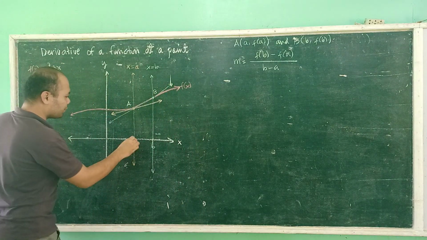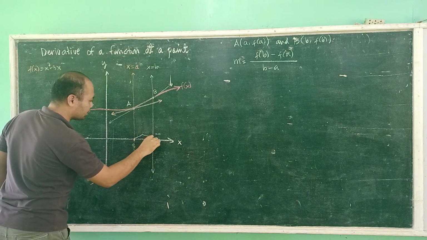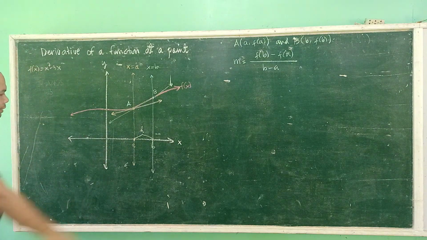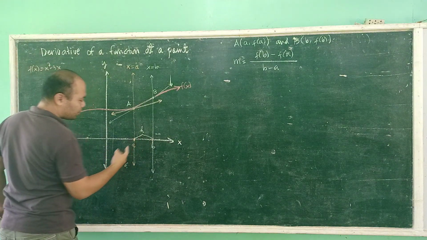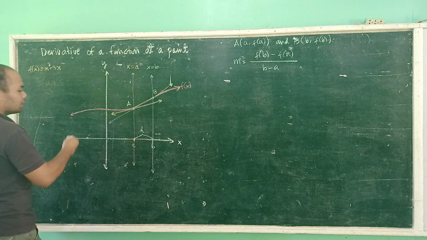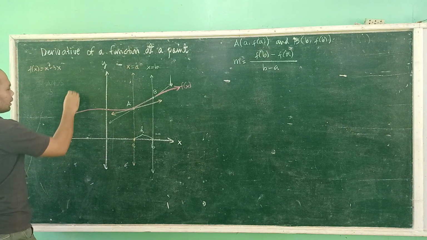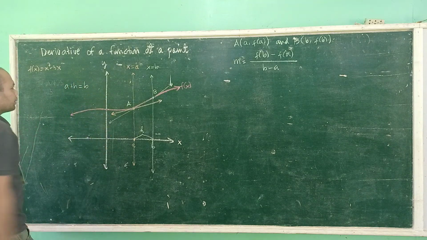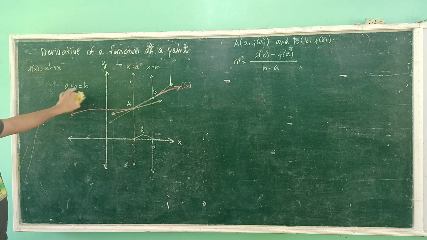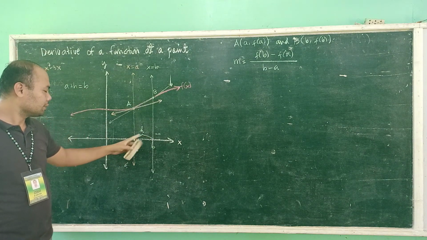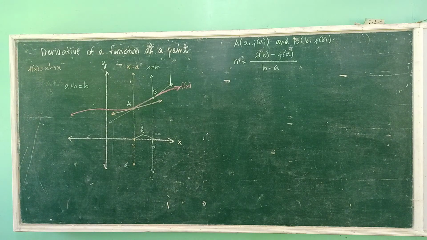But if we allow this distance to be h, there is a relationship that we can form from that. That is a plus h is just equal to b. So we can express b in terms of a and h, where h is the distance between a and b.